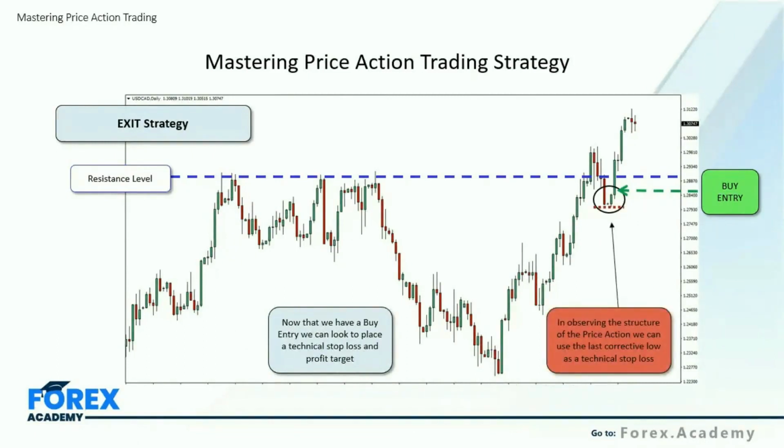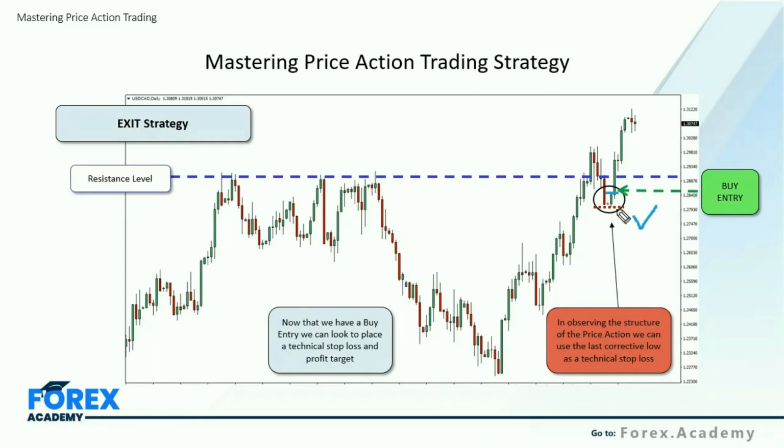So we know exactly where our buy entry was, as we've just explained. Now, in observing the price structure of the price action, we can use the last corrective low. The question we would need to ask ourselves is, can we use the last corrective low as a technical stop loss? And for us, the example would be the market continued to break higher above that level.